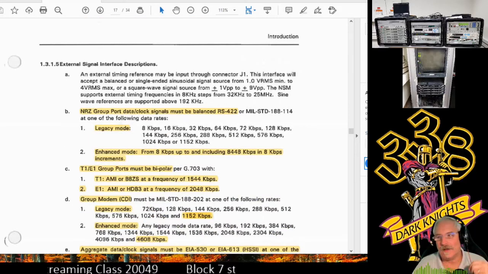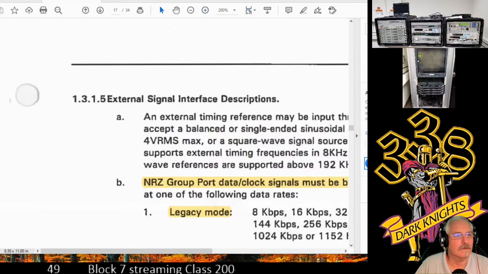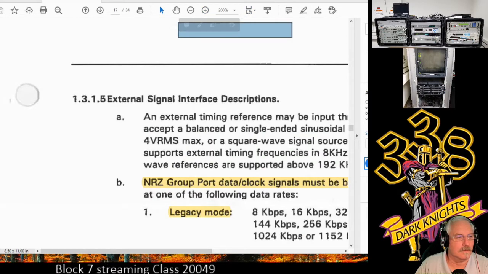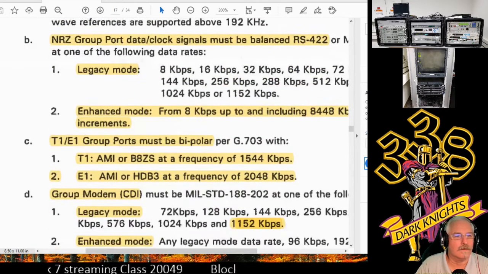Okay, remember I was talking to you about the bipolar zero suppression and the rates? Okay, you see the T1 in Charlie?